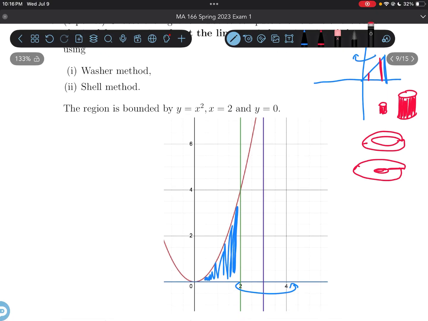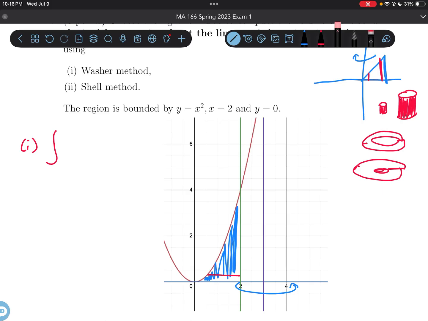So first let's start with the washer method. For the washer method, I'm going to be rotating a horizontal strip about the line.